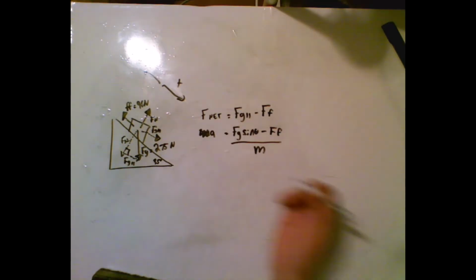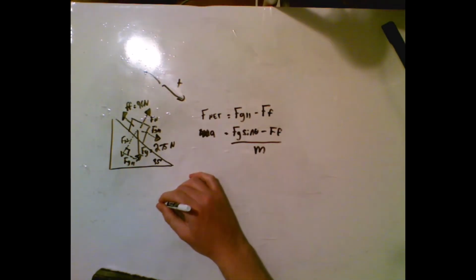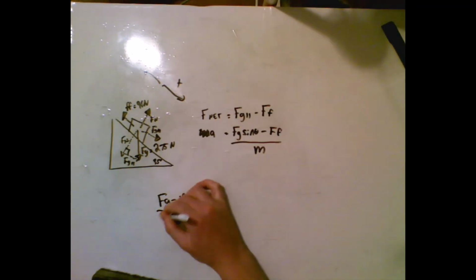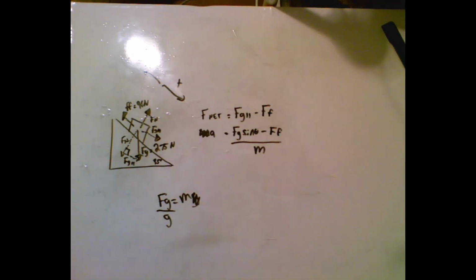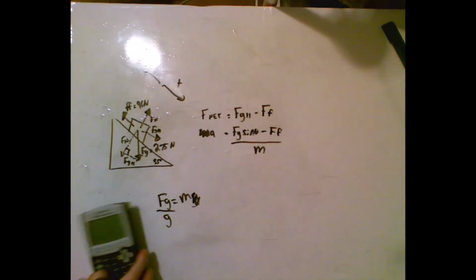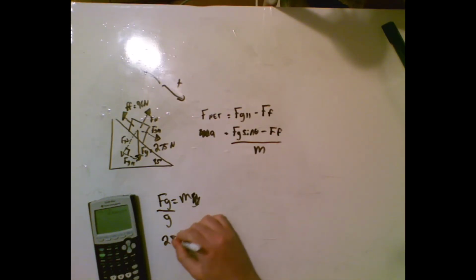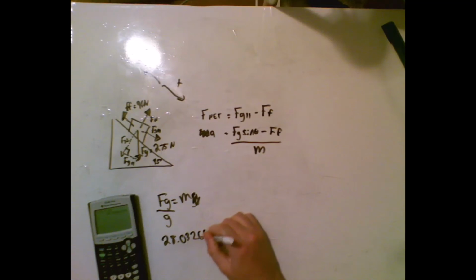But our mass is always easy to find if we have a weight. To find our mass, we just go Fg equals mg. Fg divided by g is going to be our mass. So if I go my Fg, 275, divided by 9.81, I end up getting 28.0326 kilograms. So that's the mass that I'm going to use.